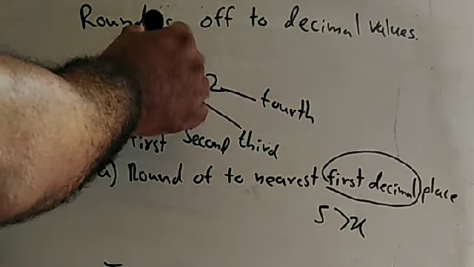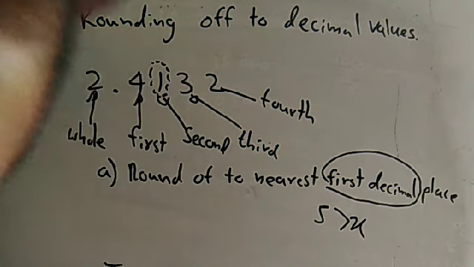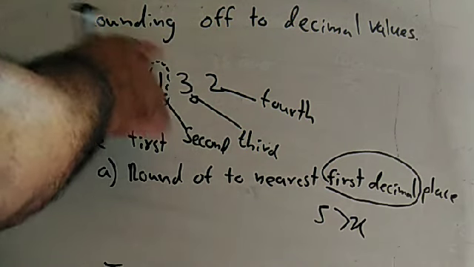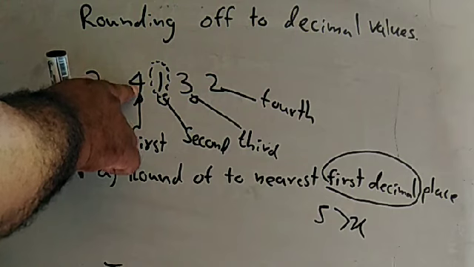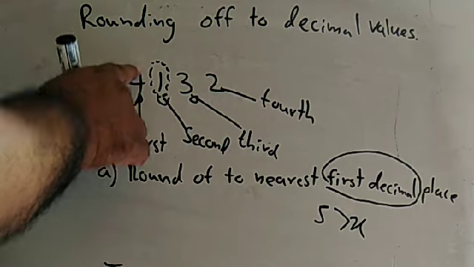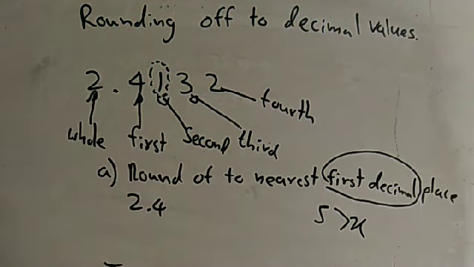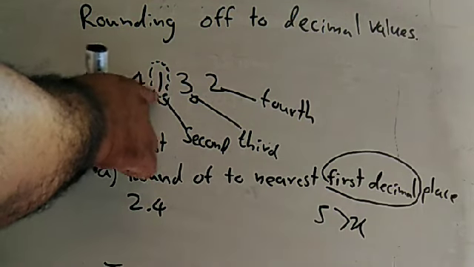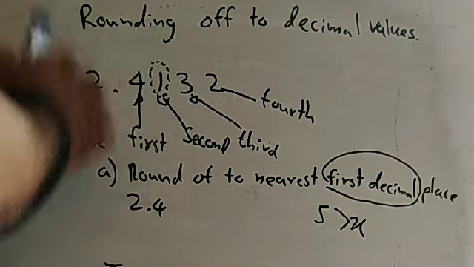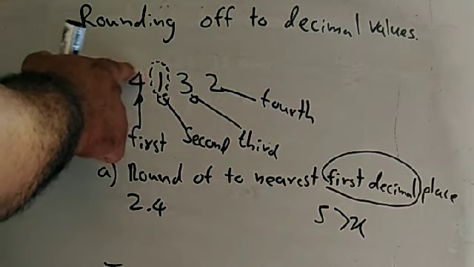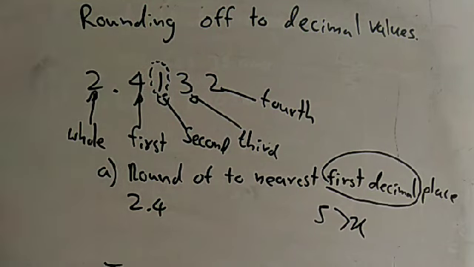When it is below 5, you do not add anything to the front number 4, and you don't write anything else. So the answer is 2.4, because 1 is below 5.